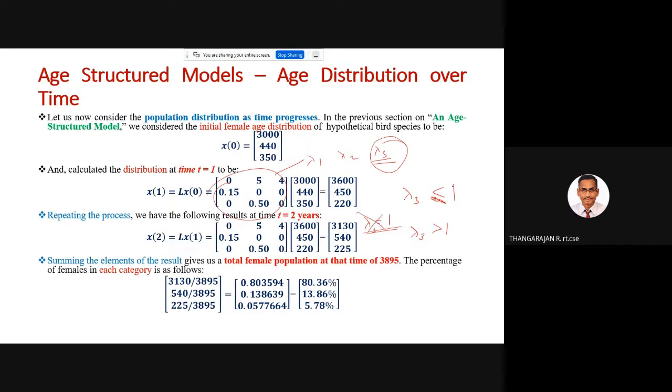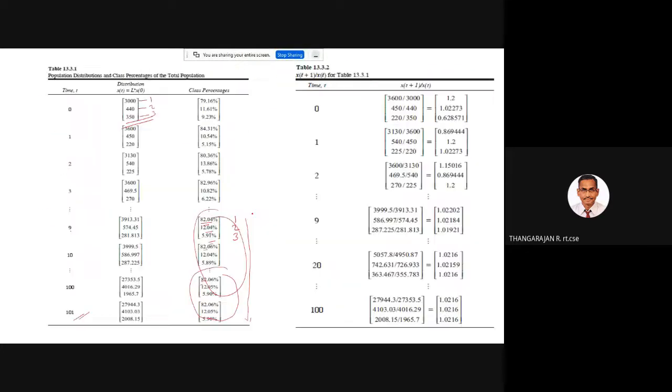So if you find an eigenvalue greater than 1, the population will survive. Whereas if it is less than 1, the population will become extinct. So without doing anything, you just take the matrix, take the eigenvalue, and you are able to predict that. That's the beauty of it.